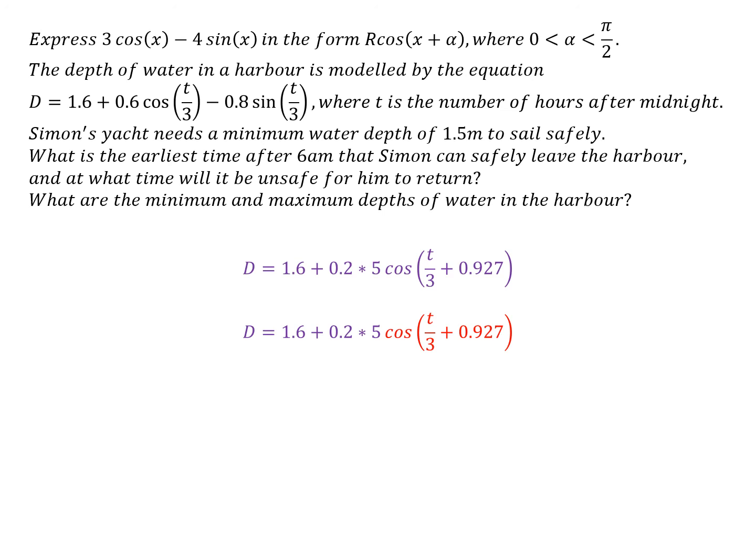So the cos(t over 3 plus 0.927) is the only variable in this expression. The maximum value of cos of any angle is 1. So that gives us a maximum depth of 2.6, and the minimum value of the cos of any angle is minus 1, which gives a minimum depth of 0.6. So there we are. Quite a long question, but I hope you got on all right with that.